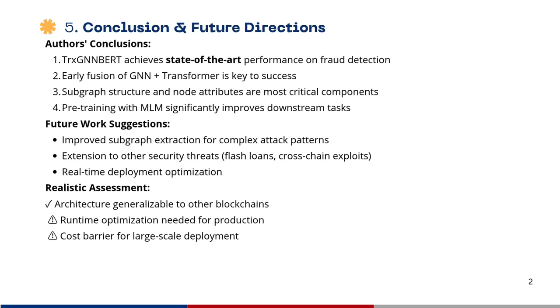This paper's comprehensive evaluation against 10 baselines confirmed that superiority across multiple tasks. The ablation study validated that each component matters, particularly the subgraph structure and node attributes are critical. And pre-training with masked language model significantly boosts the downstream task performance.